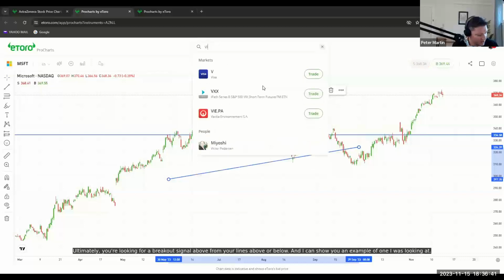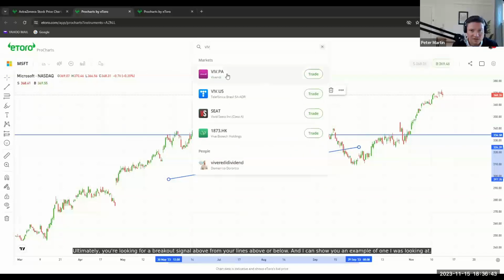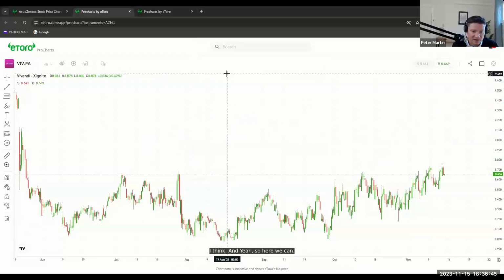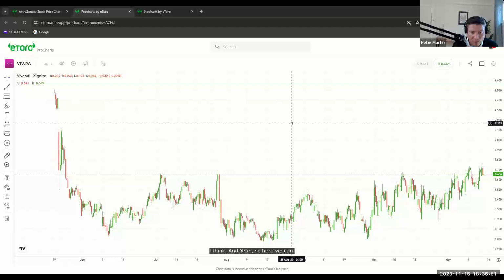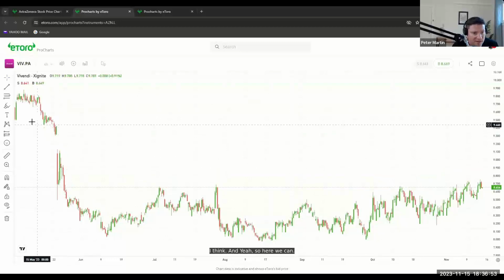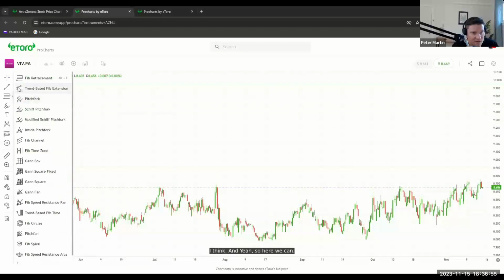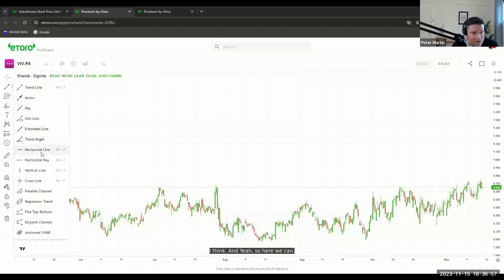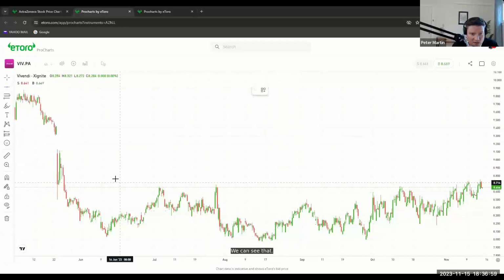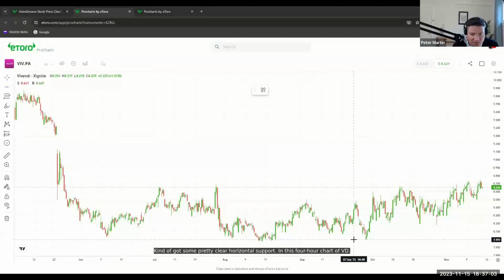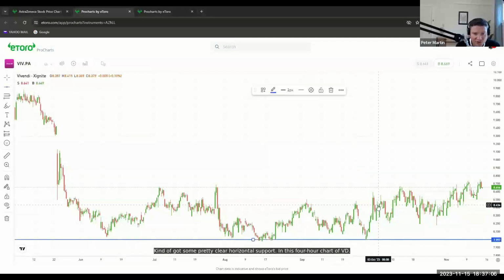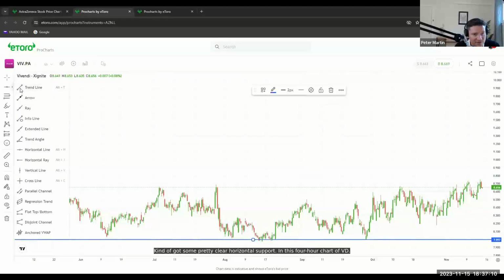And I can show you an example of one I was looking at, I think on Vivendi. So here we can see we've got some pretty clear horizontal support in this 4-hour chart of Vivendi.